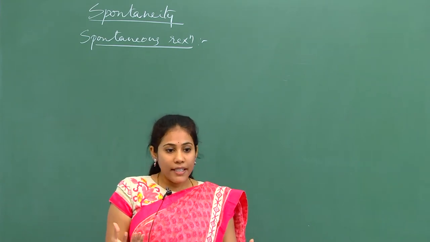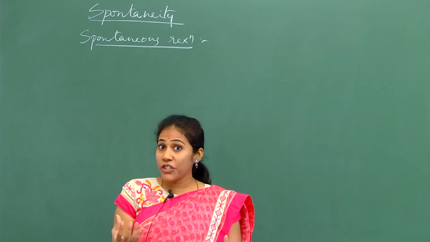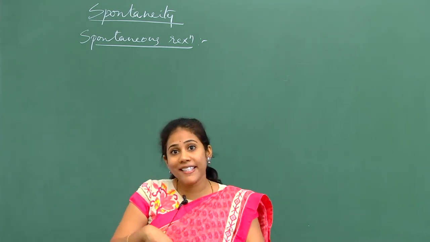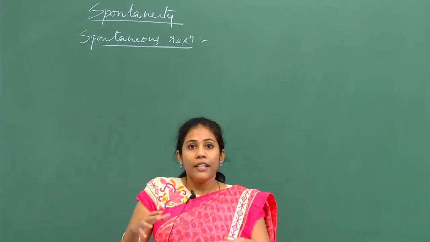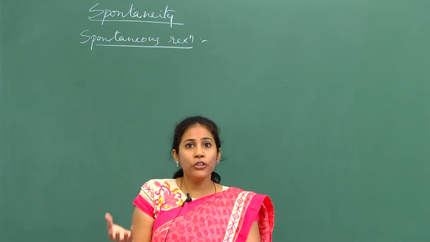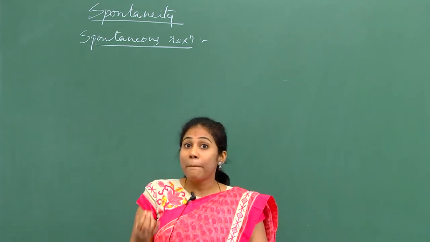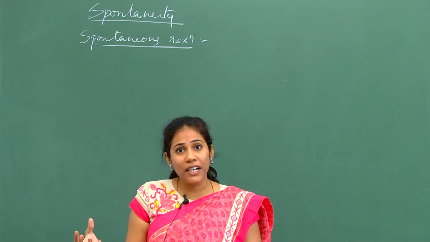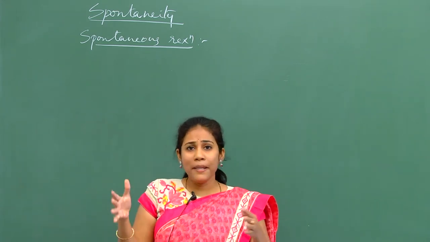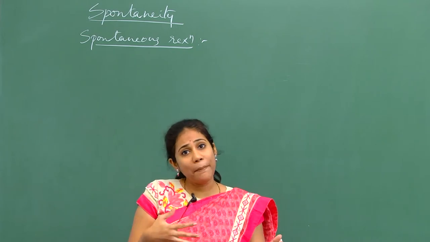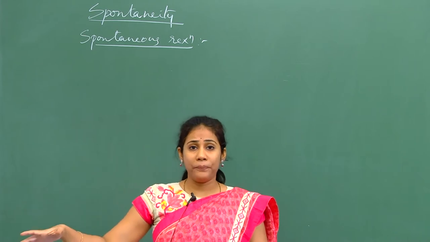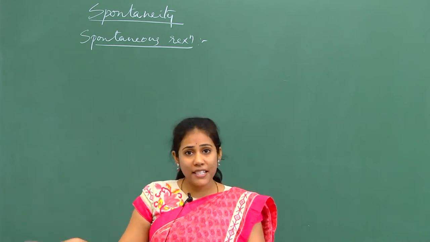If a reaction is easy, it can happen on its own, you need not struggle too much. But if a reaction is difficult, you need to provide a lot of sources from outside. Mainly you need to provide a certain amount of energy from outside for making a reaction happen. So those reactions are always difficult.